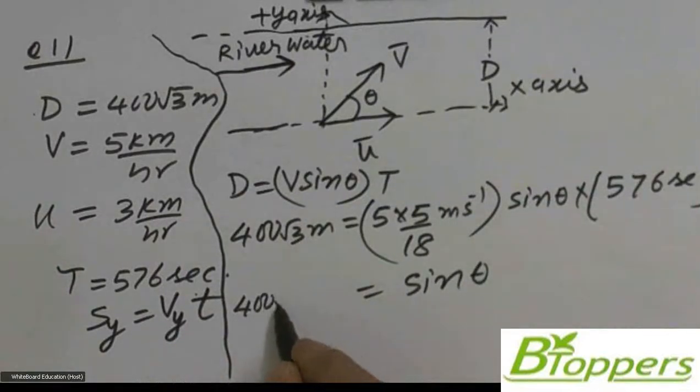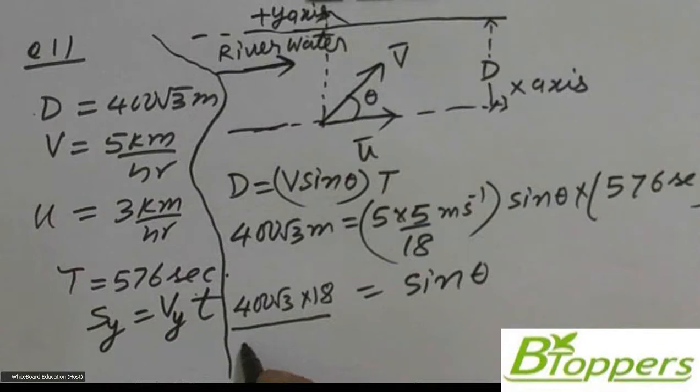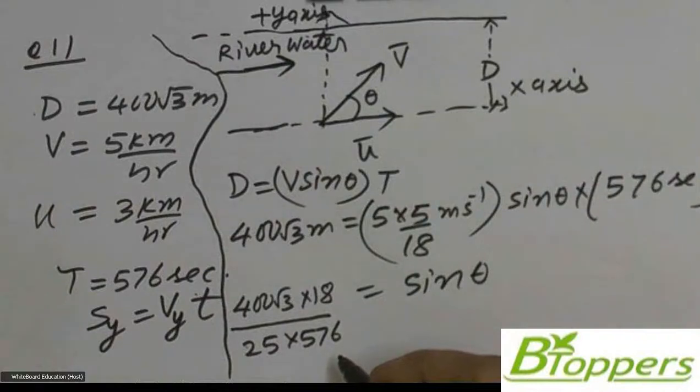Sin theta, you get 400 into root 3 into 18 by 25 into 576. Think you will be able to simplify this yourself? 18 directly gets cancelled here. 32.